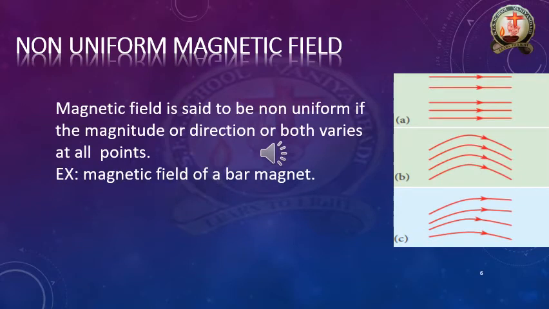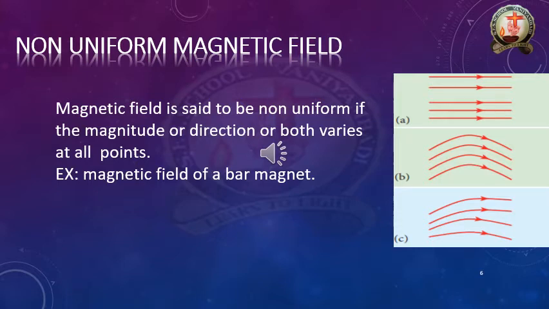The next concept is the non-uniform magnetic field. This is exactly the opposite of the uniform magnetic field. First of all we should see the definition. A magnetic field is said to be non-uniform if the magnitude or direction or both vary at different points. Varies means different.